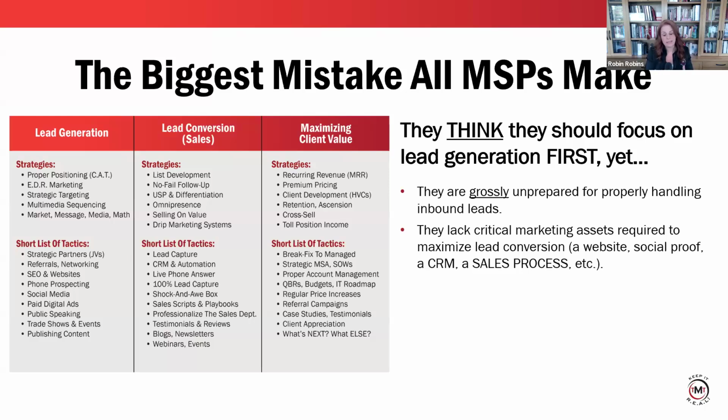Your PSA tool is not a proper tool. You need a proper CRM marketing automation platform to do marketing, just like you need a proper RMM tool to deliver managed services and manage and organize tickets coming in. Think of it like a marketing ticketing system. You need to have that in place.